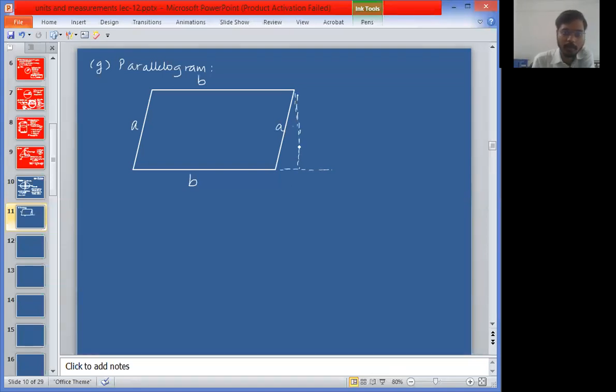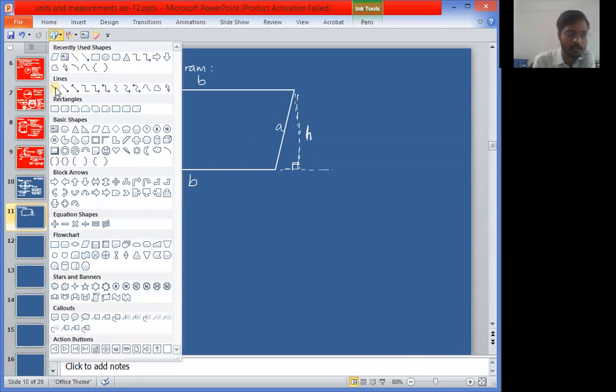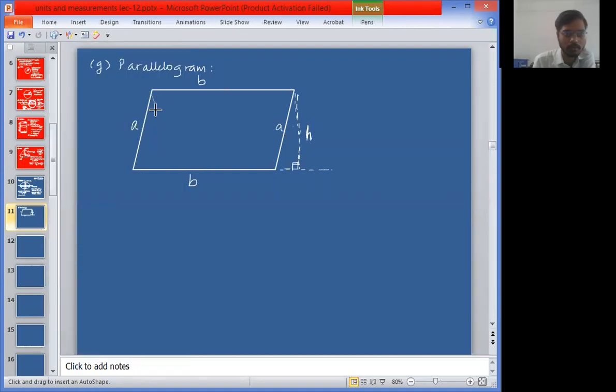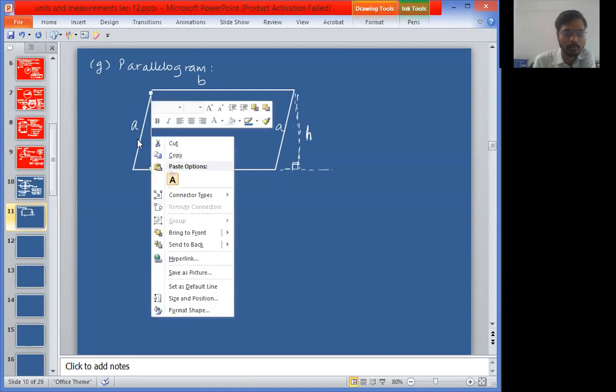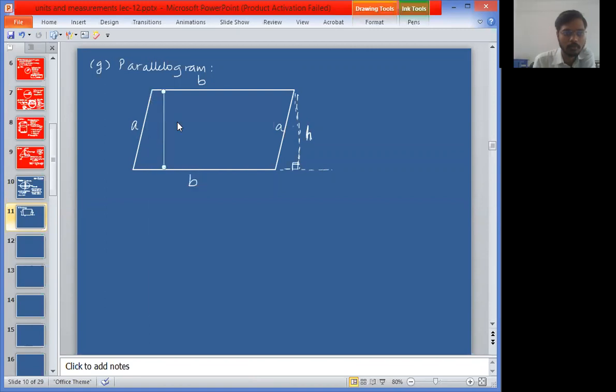Extend the parallelogram and draw a perpendicular line like this. The height of this perpendicular is nothing but the height of the parallelogram. Or you could do this also. This is also okay. This height you can call h.